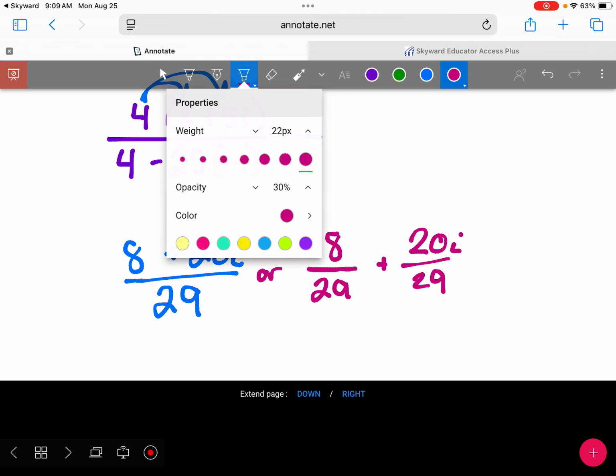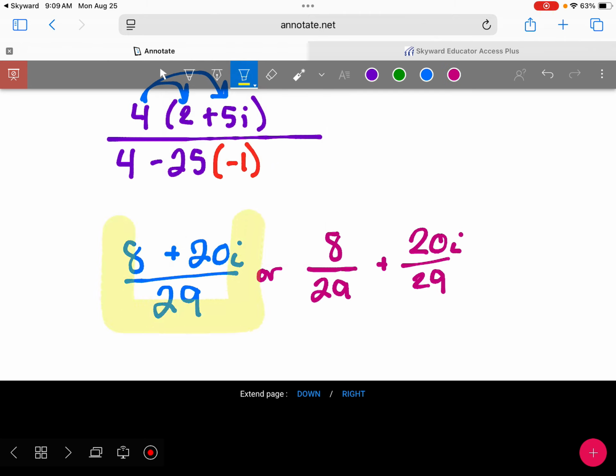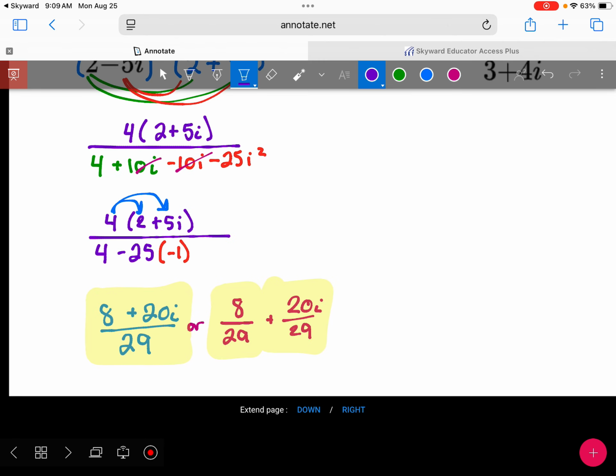Either way is totally fine. This way as a single fraction, or this way where it's as a real portion and imaginary portion of a complex number. Both are totally fine and 100% accurate.